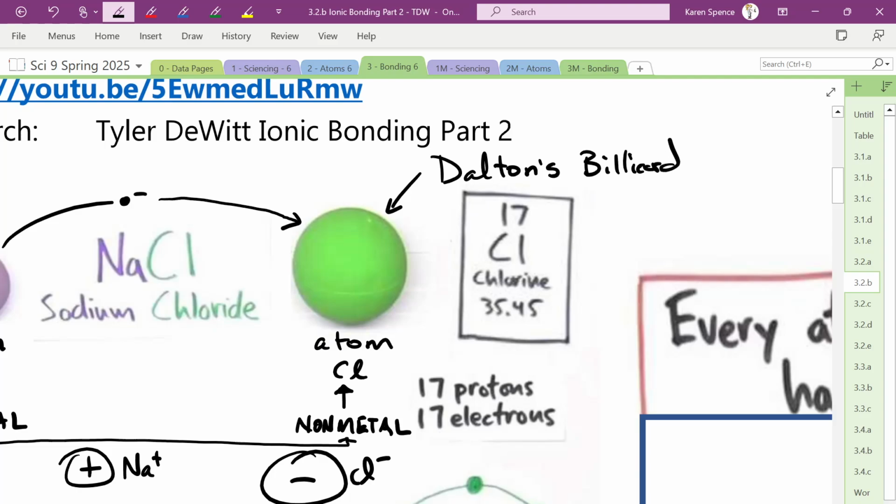We can do one better than that. We are going to do a Bohr model instead. Okay?